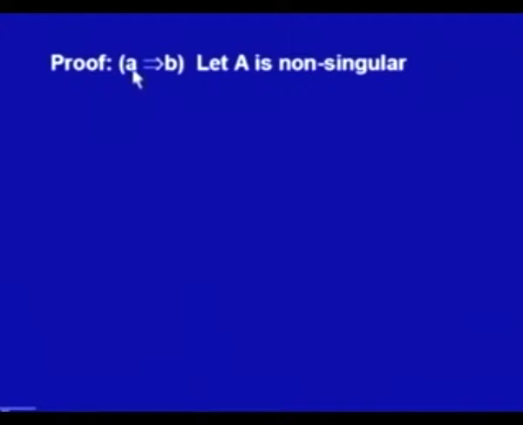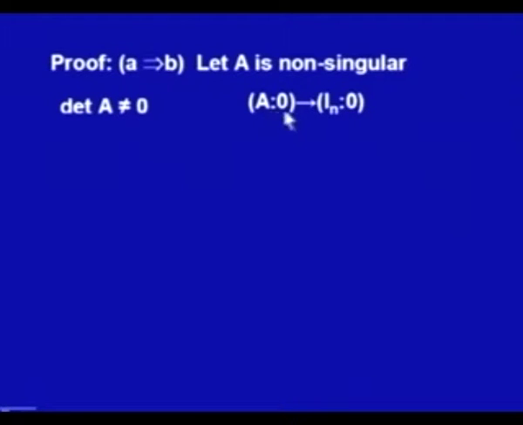To start with, we prove the forward side, that is A is non-singular. By this statement I mean to say that determinant of A is not 0, this by the definition of a non-singular matrix A, and if determinant A is not 0, then the augmented matrix formed by the column vector 0, that is [A : 0], will be transformed to the matrix [In : 0], in which we will be having identity matrix on the left hand side.